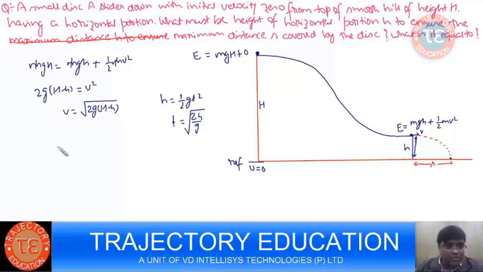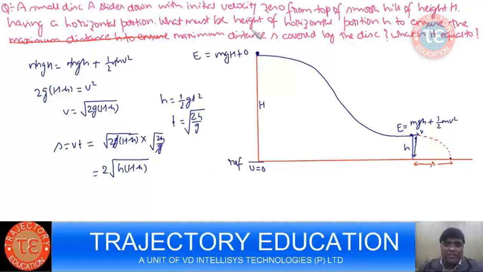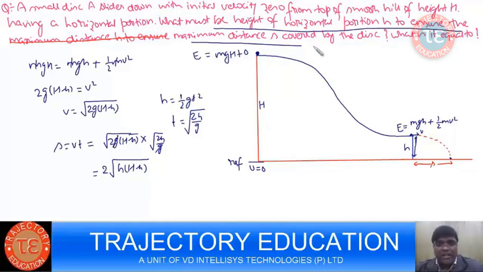So s equals vt, that is the square root of 2g(H minus h) into the square root of 2h by g. The g will cancel out, and this becomes 2 times the square root of h(H minus h). That is your s. Now they are asking what must be the height h of the horizontal section so that s is maximum.